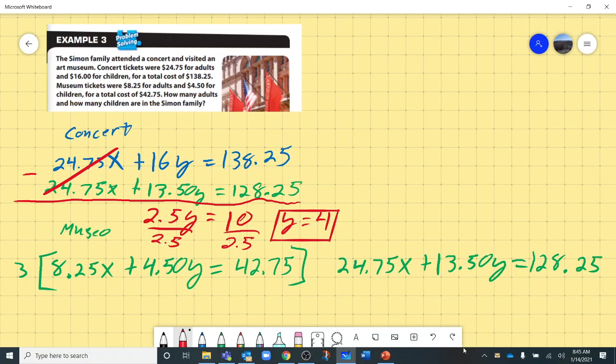Okay, so with y equals 4, we're going to go ahead and plug that into whichever equation we want and solve for x. Let's just plug it back into the blue equation because we've done more with the green equation, I feel like. So we're going to do 24.75x plus 16 times, instead of y, we're going to use the 4 because y and 4 are the same thing. So times 4 equals $138.25.